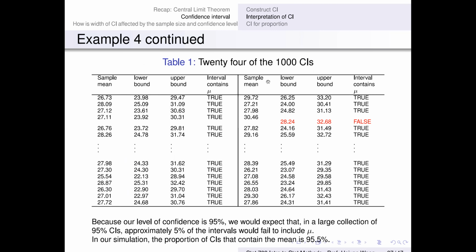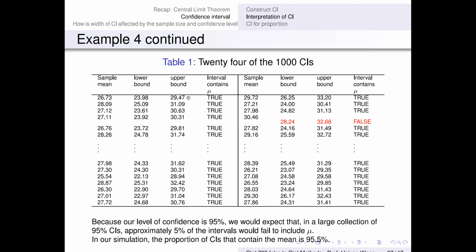Here's a table of some of the intervals. The first sample gives a sample mean of 26.73, and the lower bound of the confidence interval is 23.98, and the upper bound is 29.47.